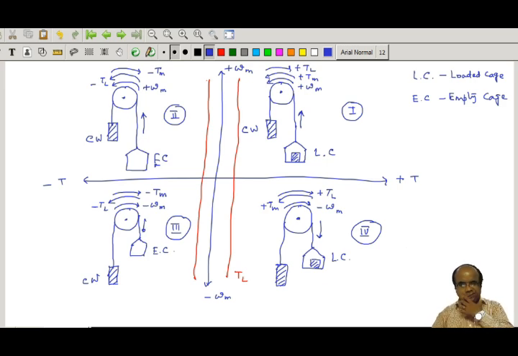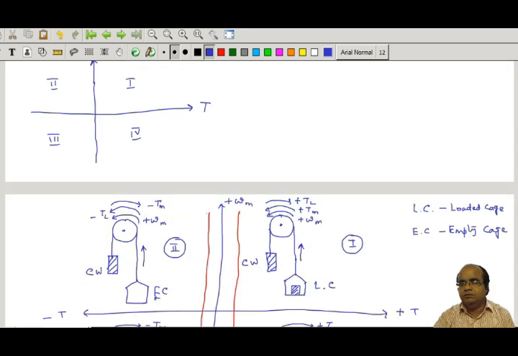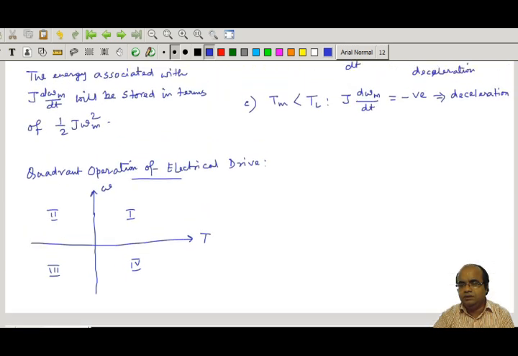Now it is clear that in quadrant 1, I go back to the previous page.